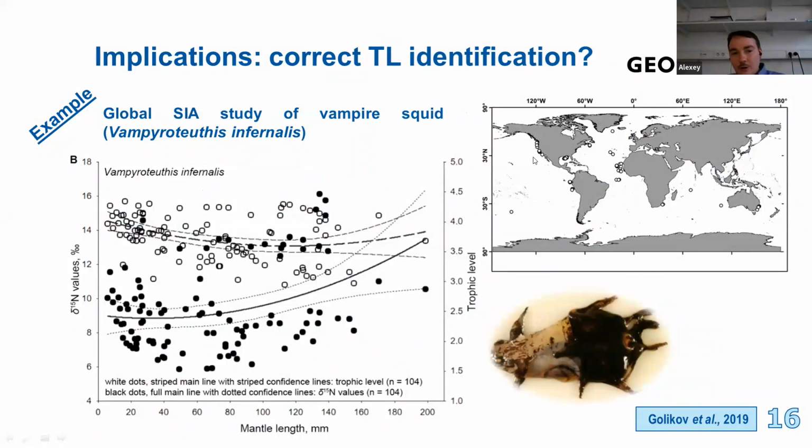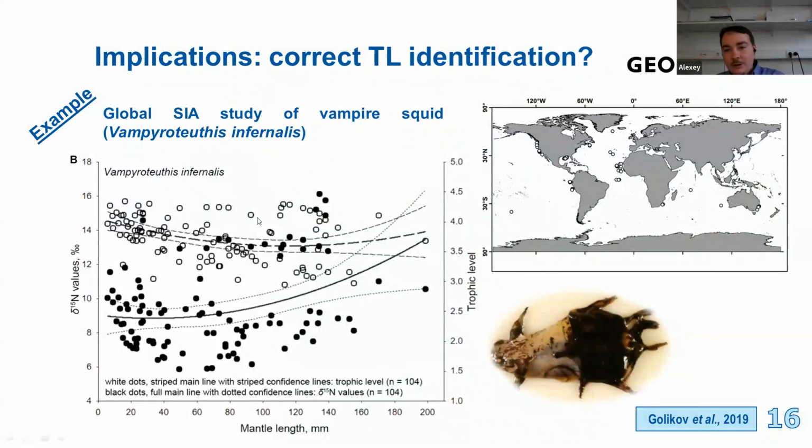On this map, we can see global samples from Pacific, from Atlantic, almost reaching the Arctic, almost Iceland, and also from Indian Ocean. And on this graph, black dots are the nitrogen values, I would say from 6 to 16. And they show an increase. But the real pattern is the white dots.